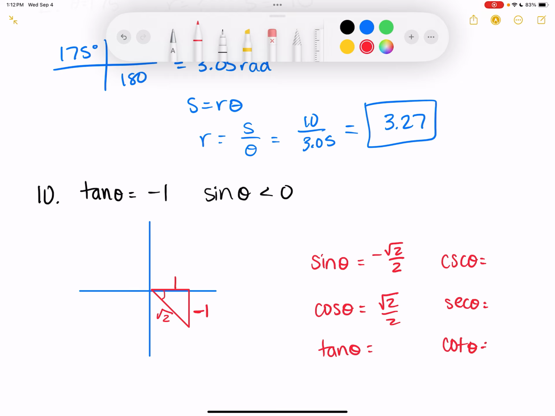Tangent was given to us. Cosecant. Negative root 2. Secant. Regular root 2. And cotangent. -1. Yes.